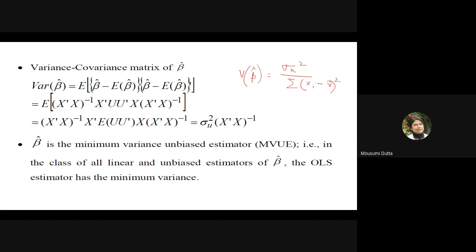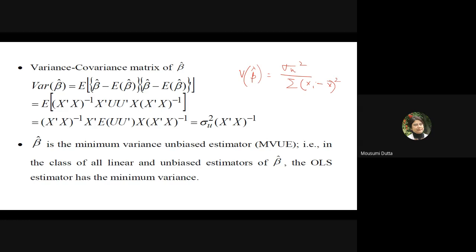Since we have the entire matrix, not a single value, we are getting the format sigma u square into x prime x inverse. Okay? However, structurally the things are very, very similar. So this is the variance covariance matrix of beta hat. Okay, the diagonals will give the variances, off diagonals will give the covariances.